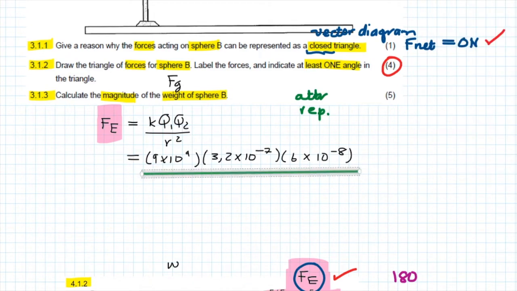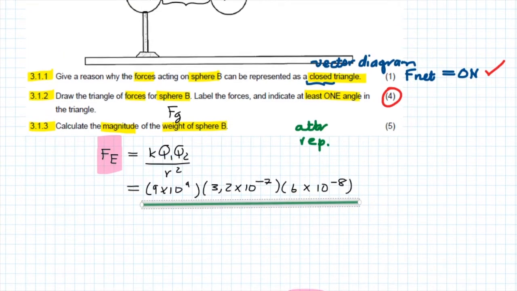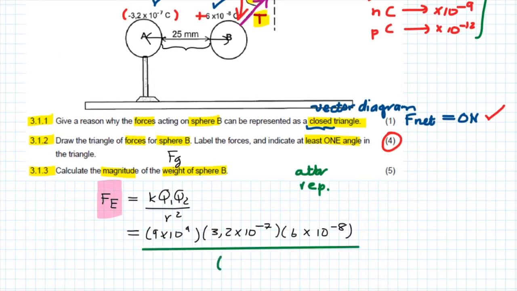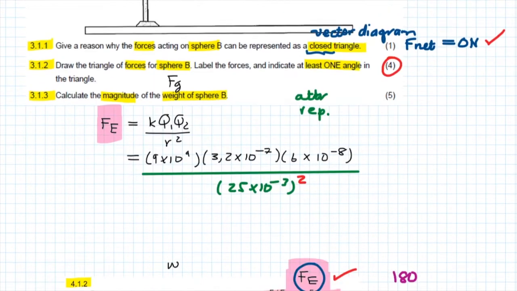We take all of this and we're now going to divide by the distance between the centers of the 2 charges. And we remember that we substitute this value in meters. Do not forget to square the distance. We often forget to do so. And if you plug all of this into your calculator, you should obtain a final answer of 0.2765 newtons.